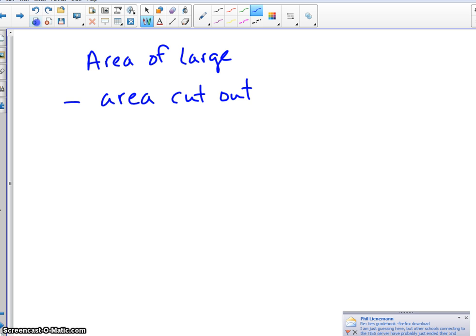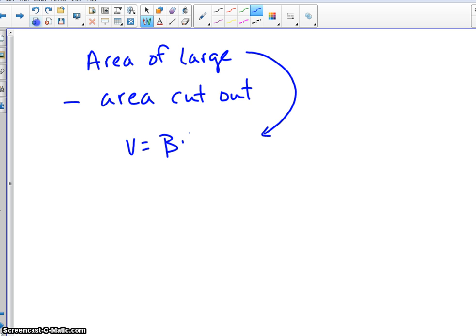So if we take a look at this now, what we're looking at first is the big cylinder. So we're going to start with that. So the large cylinder, we're going to look at that now. Well, same volume as area of the base times the height. Well, the base in this case is a circle. Those are the parts that are parallel to each other. So the volume, the base is a circle from your notes.